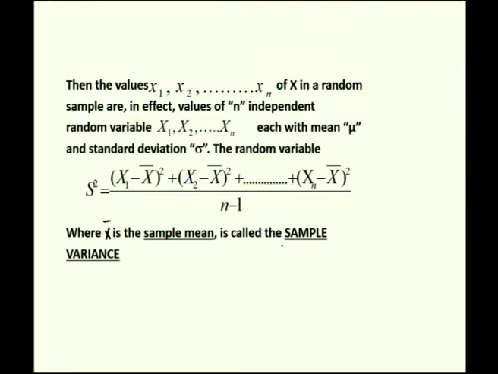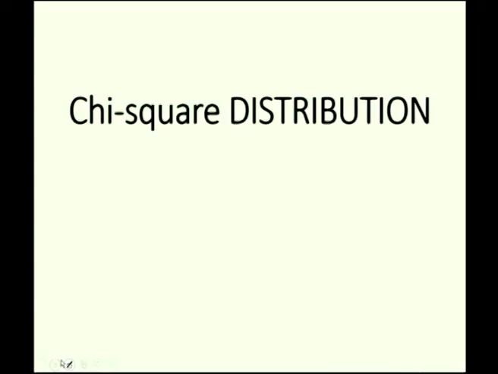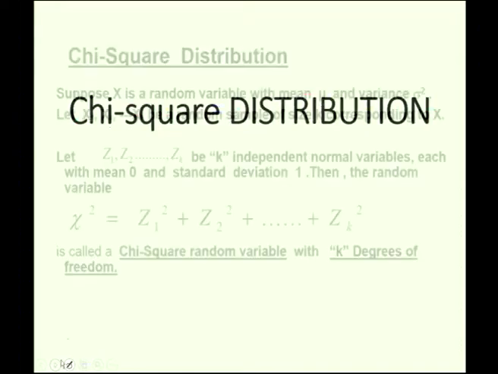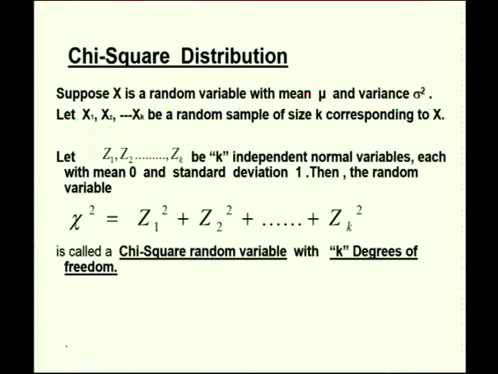Now, how does chi-square distribution come into the picture when we are discussing the sample variance? Chi-square distribution is derived from the samples having single variances. Suppose x is a random variable with mean mu and variance sigma square, and let x1, x2, etc. up to xk be a random sample of size k corresponding to x.